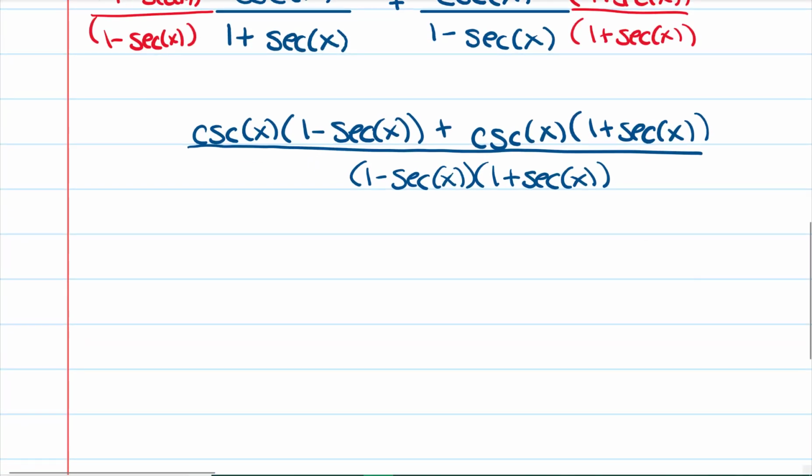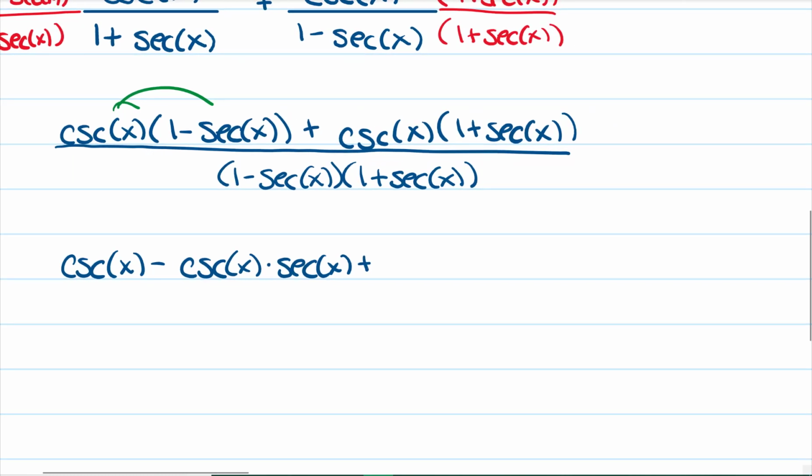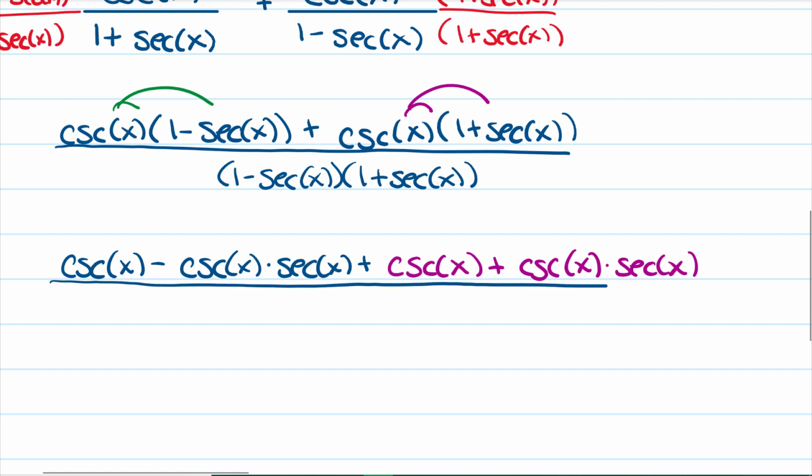So at this point, I'm now going to distribute. So I'm going to get cosecant of x minus cosecant of x times secant of x plus, and now I'm going to distribute this one, cosecant of x plus cosecant of x times secant of x, and then all divided by, and now I'm going to distribute out the denominators as well.